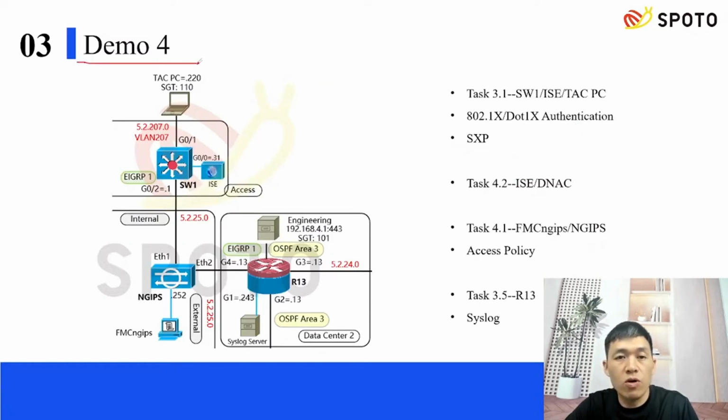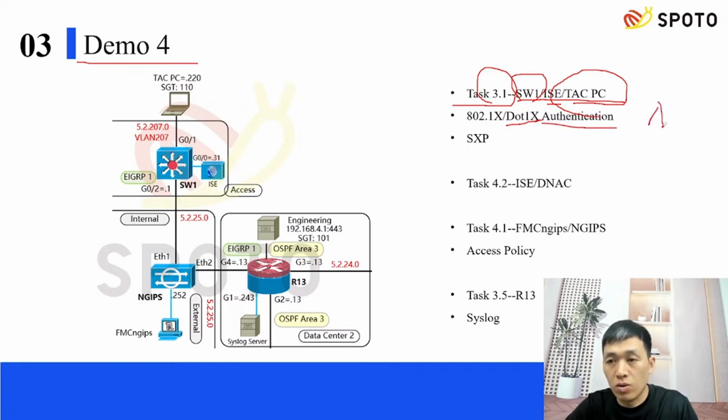And for demo 4, we start configuring task 3.1, and we will configure on these devices. This is virtual switch 1 and TAC PC, and we will configure 802.1X authentication, one of the AAA authentication methods.